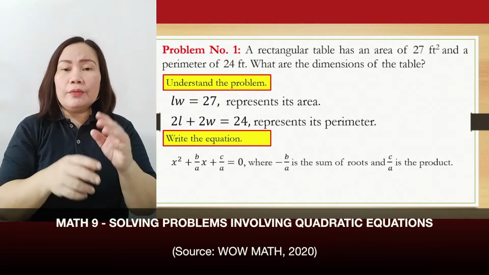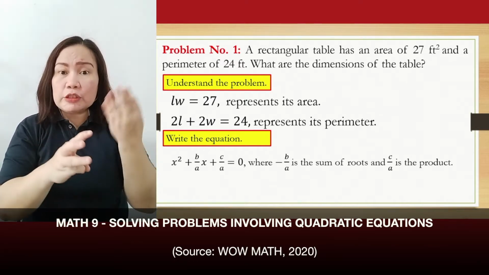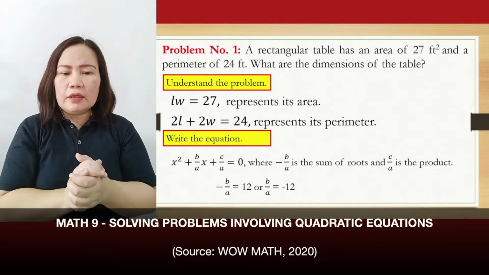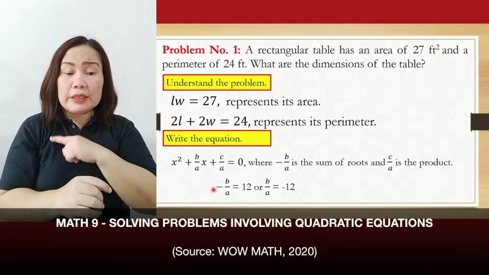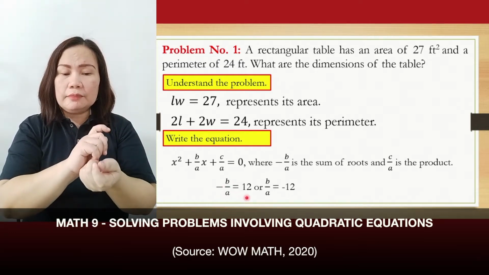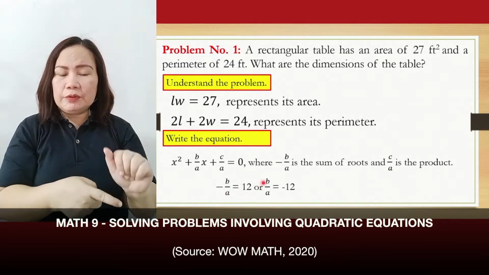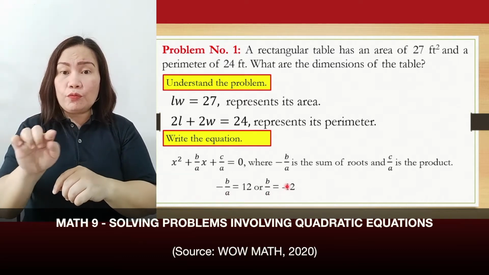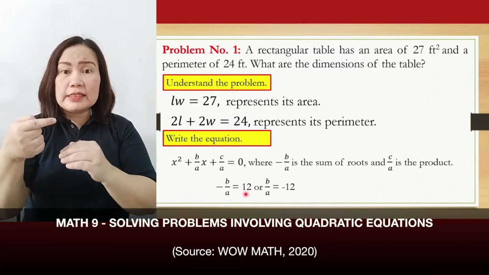To find the sum of the given statement, we have negative b over a is equal to 12, or b over a is equal to negative 12. Now, why did it become 12?